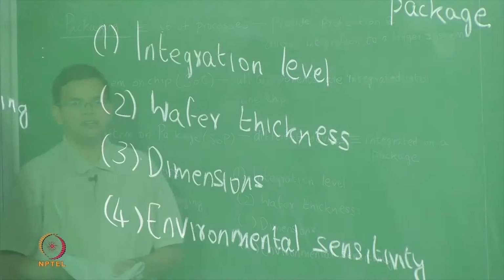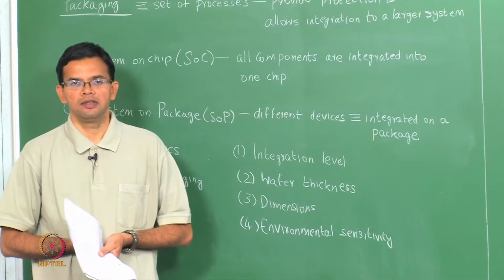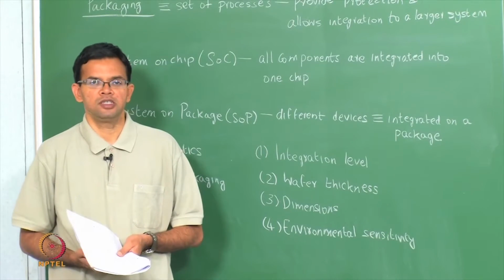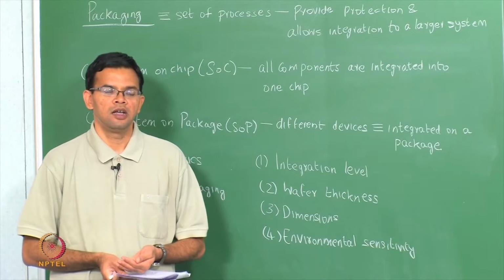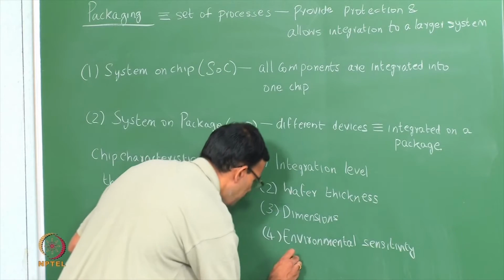So, this is related to the fact that the original solders that were used were all lead based, because lead has a low melting point, but lead is also poisonous, so that the process by itself is highly hazardous. So, now new methods are being developed in order to have lead free packaging.